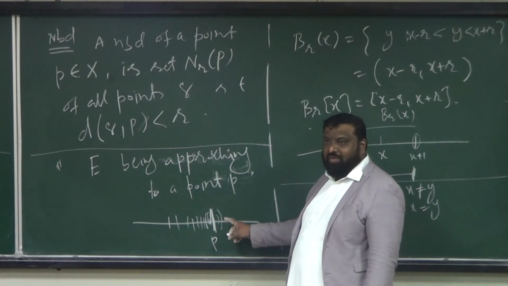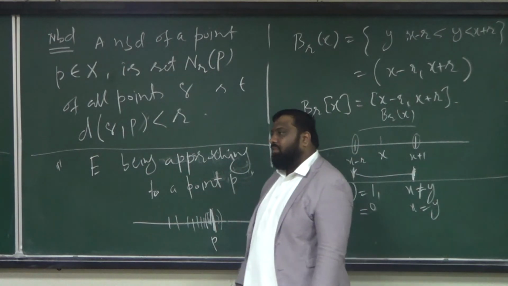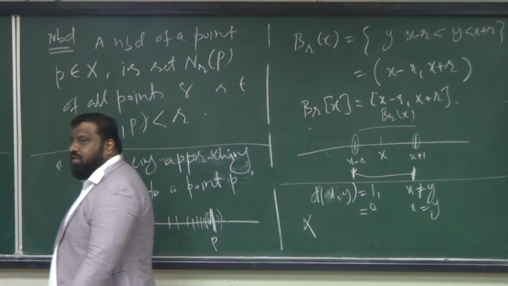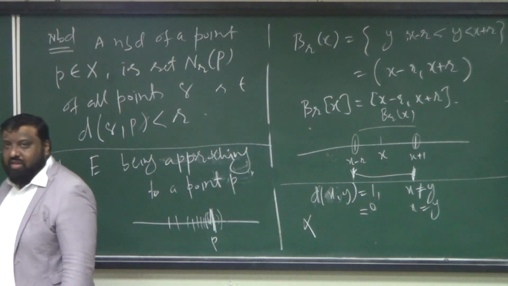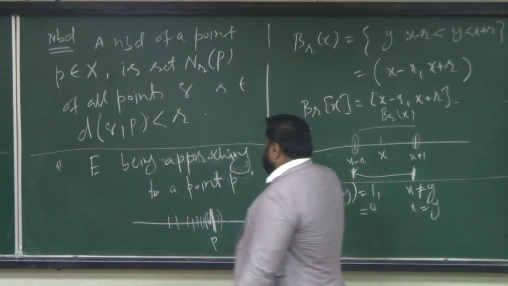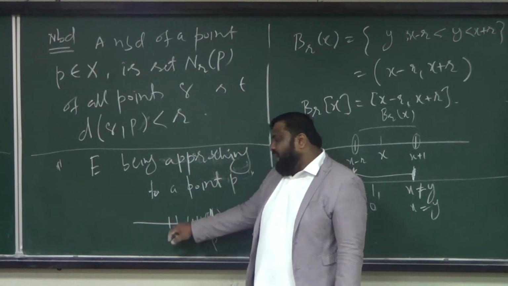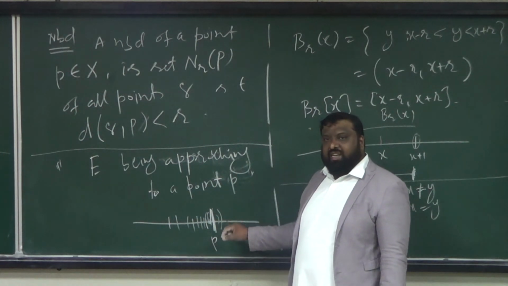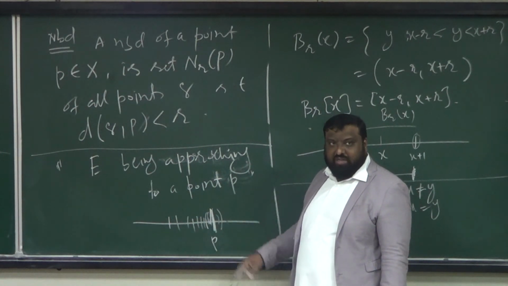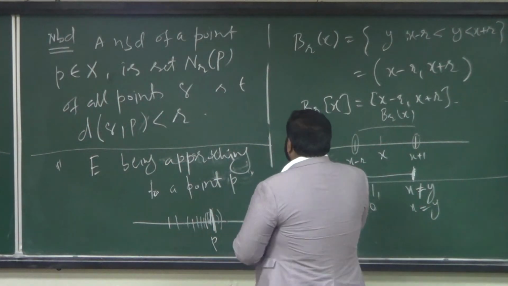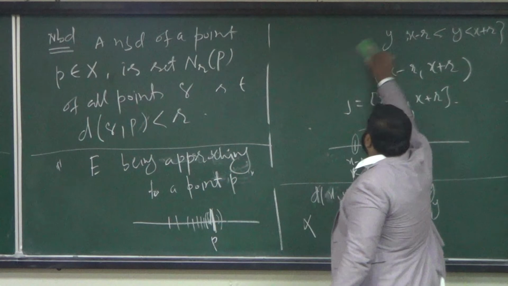Whatever epsilon or radius you give, I will give you points in it. So here's the intuition that the points of a set are getting nearer and nearer and clustering at a point. I would like to define this in rigorous, mathematical terms.